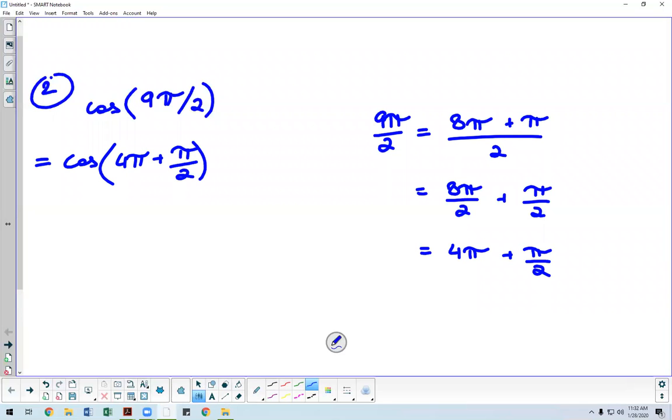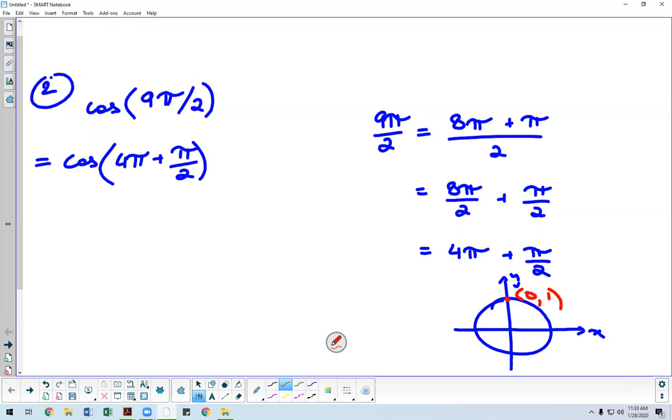Now, if you think about your unit circle, pi over 2 is right here at 90 degrees, right? So think about this ordered pair. What's the x value here? 0. And the y value?